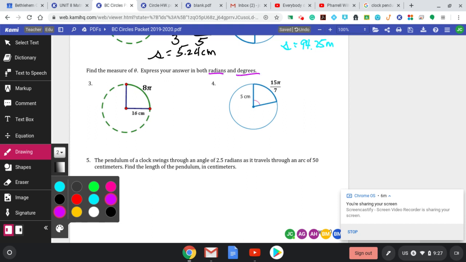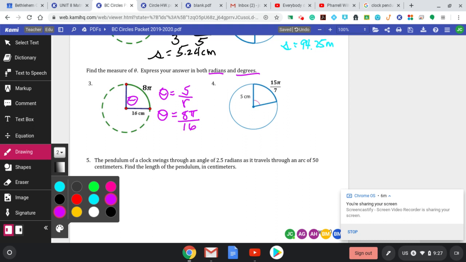Okay, so we're going to have to find in number 3, what's my central angle here? I particularly like to start by finding it in radians because the formula is a little bit easier to use. Theta equals S over R. I am solving for theta now, when I know S, which is the arc length, is 8 pi over the radius, which is 16.